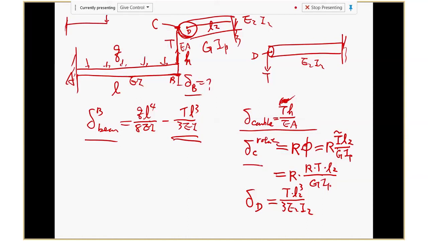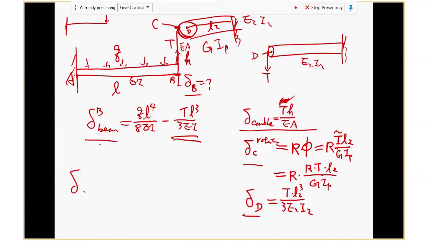That can make the cable elongate. Also, the point C moves, and that adds to the cable elongation. Also, point D moves, and that adds to the cable elongation. So therefore, all these 1, 2, 3 added together should be equal to the length change of the cable. Right? So that's the compatibility.